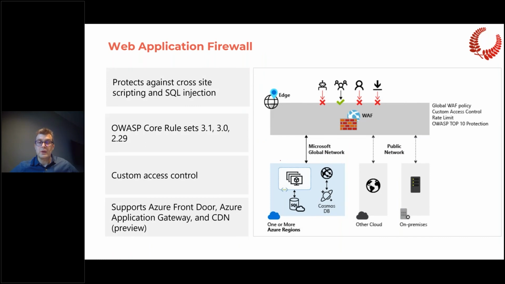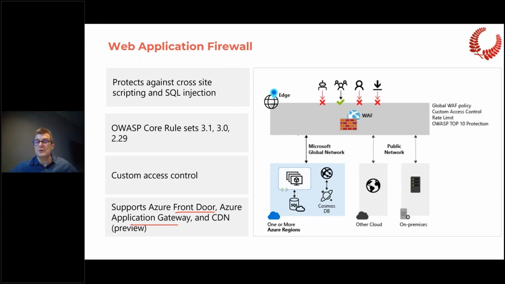And we can also turn on the Web Application Firewall, which is supported in other network security solutions, for example in Front Door, in Azure Application Gateway, as well as in the CDN. It works on the OWASP core rule sets, the recent 3.1.